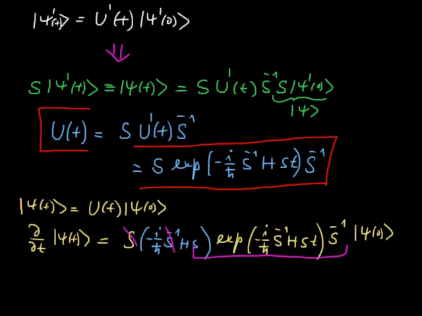We got back the Schrödinger equation, d psi t by dt equals minus i divided by h bar H psi t.